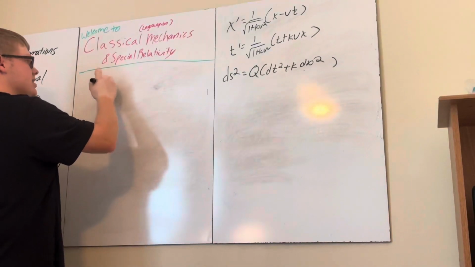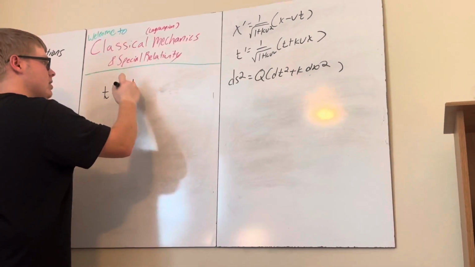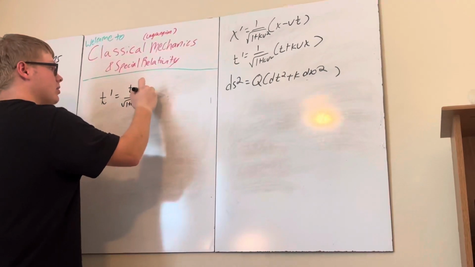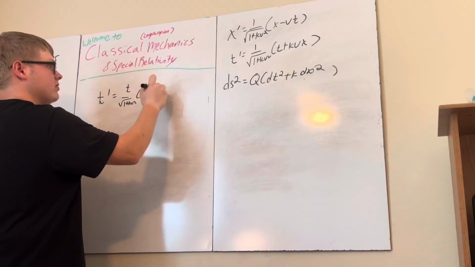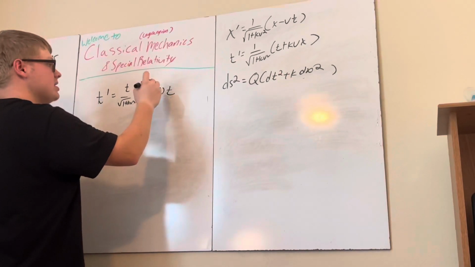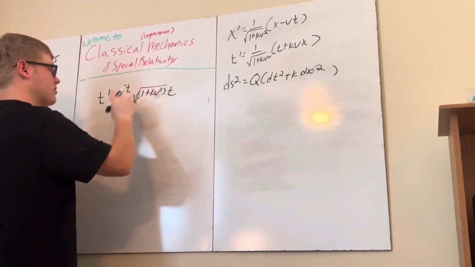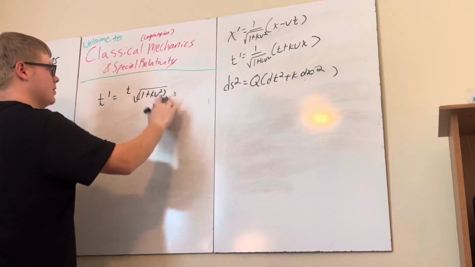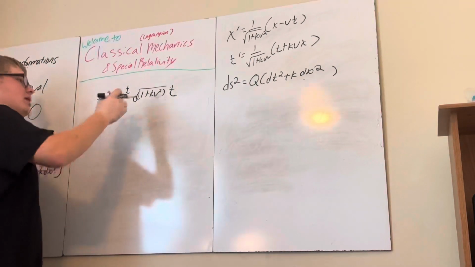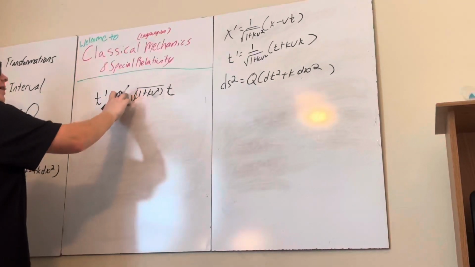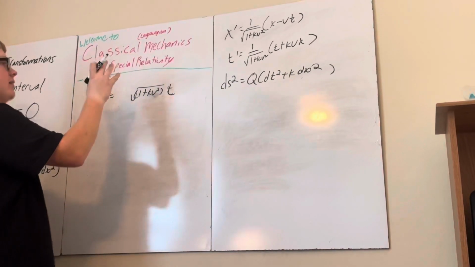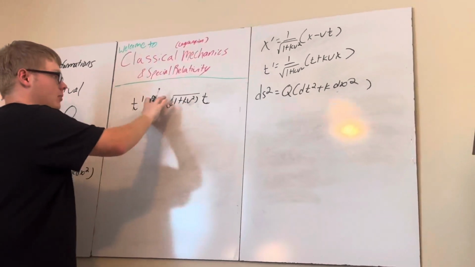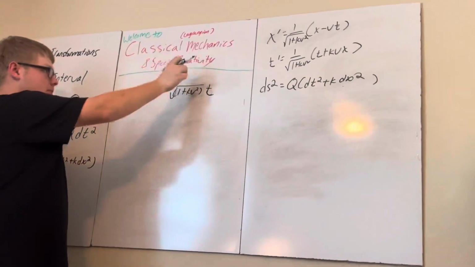That means that t prime equals the square root of 1 plus kv squared times t. That's just cancels out because that's squared, so you get the square root on top now. That hand-wavy idea that in that situation, time can only dilate. It can't get bigger.